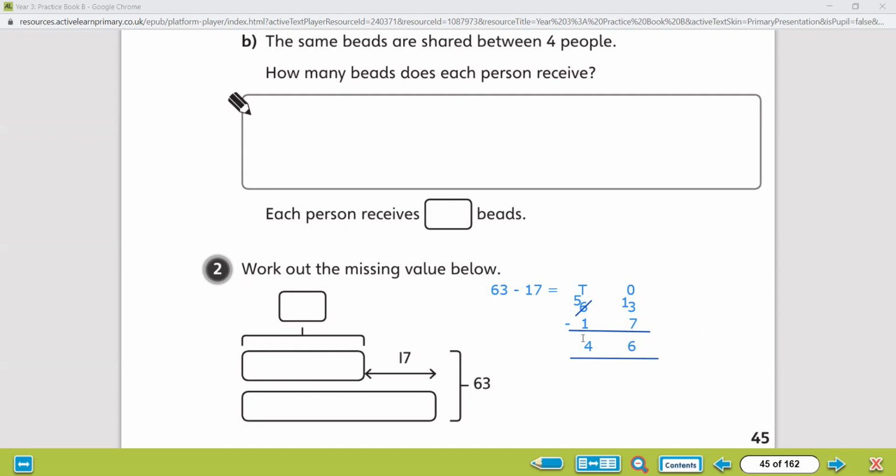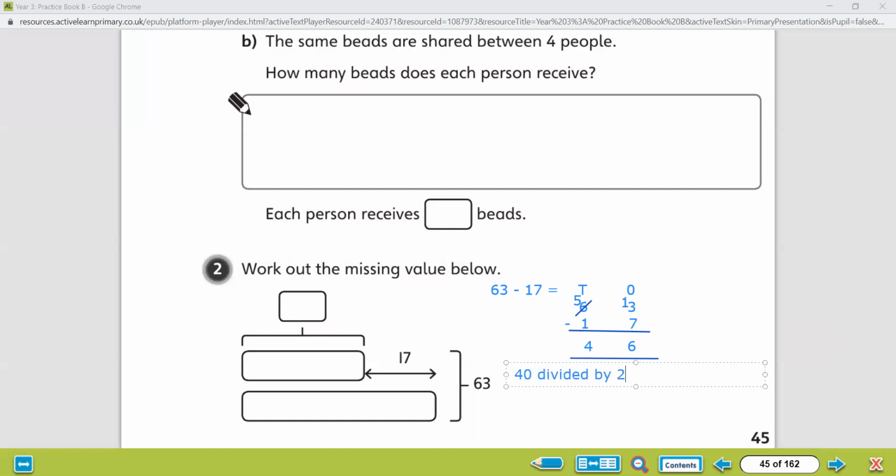So I've got to work out what half of 46 is. I've got to divide 46 by 2. Okay, so I'm going to partition it. So I'm going to say 40 divided by 2. Oh, I didn't want it to be in capitals, did I? Sorry, Mrs. Haslam.